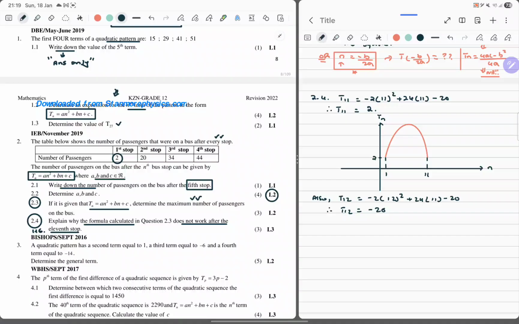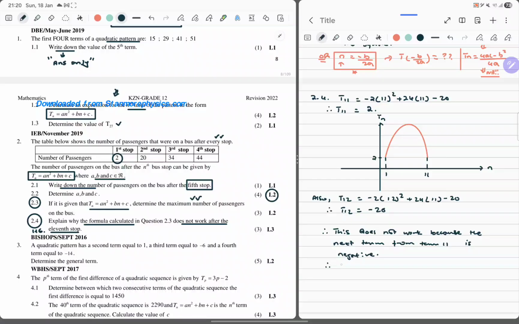And since we cannot have a negative number of passengers, we'll just say, therefore, this does not work because the next term from term 11 is negative.